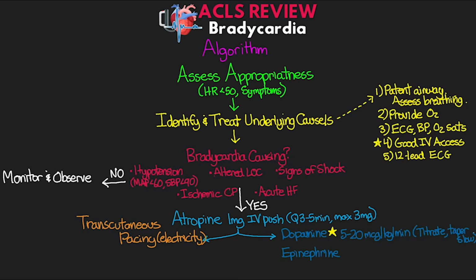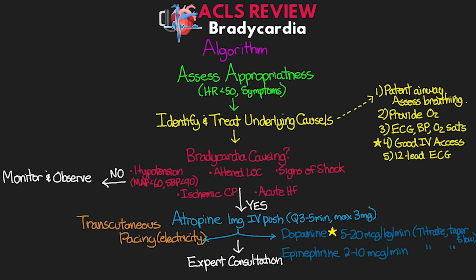But this is the new recommendation updated in 2020, again by the American Heart Association. Now, the other medication here that can be used as an alternative to dopamine is going to be our epinephrine. Here, our dose is going to be 2 to 10 micrograms per minute, and again, titrating to the patient's response and tapering slowly. And then finally from here, we want to consider the expert consultation from a cardiologist.